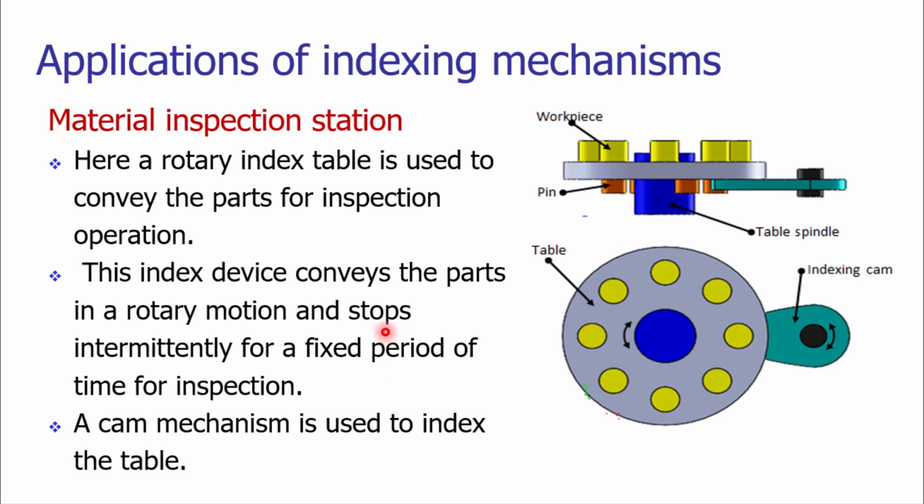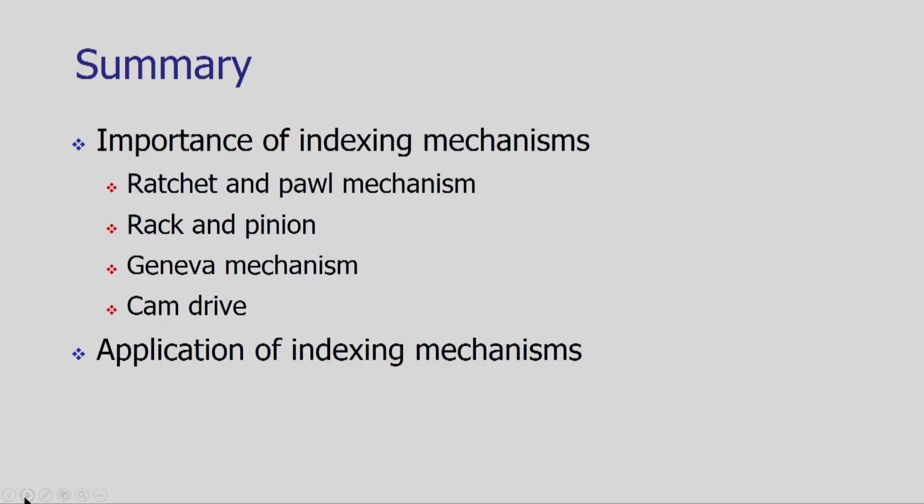The intermittent stoppage of the work part at the particular location for the inspection is totally dependent upon the velocity of the indexing wheel. Well, my friends, let me summarize lecture 1 of week 8.